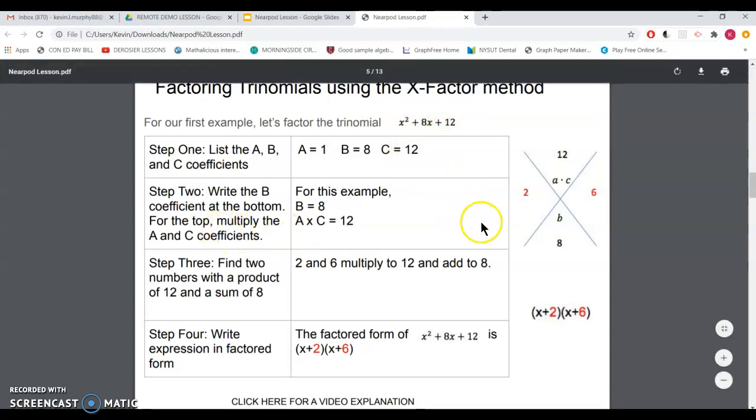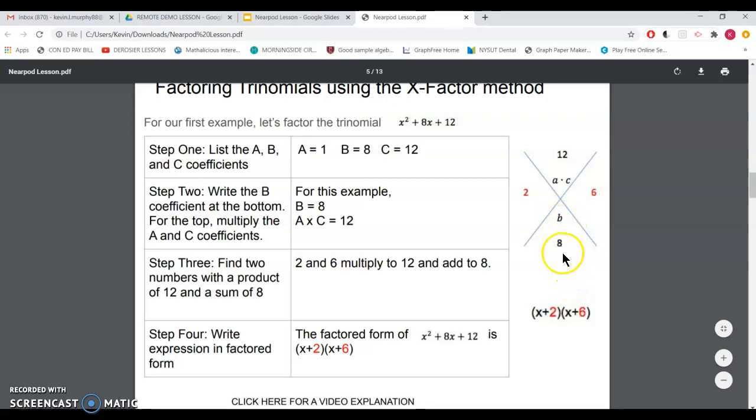The next step, we're going to actually start creating our x-factor diagram. And when doing this, you're always going to write b at the bottom and a times c at the top. So you're going to draw a little x here, b on the bottom, a times c at the top, and then you can fill these values in.